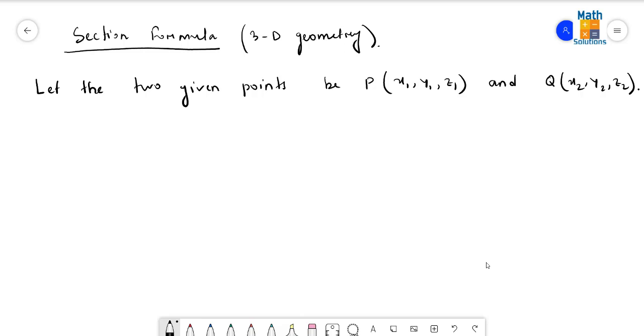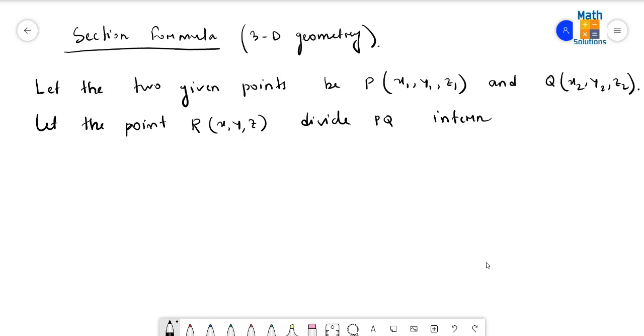Let the point capital R (x, y, z) divide PQ internally in the ratio m:n.